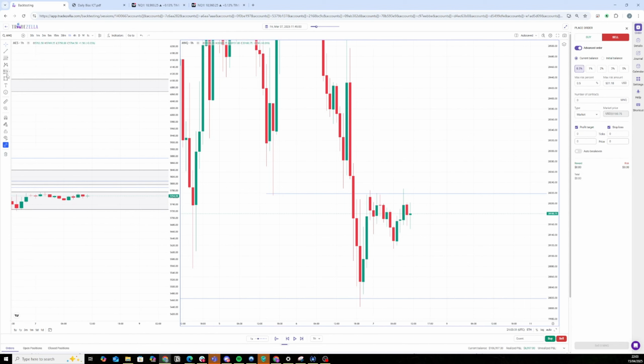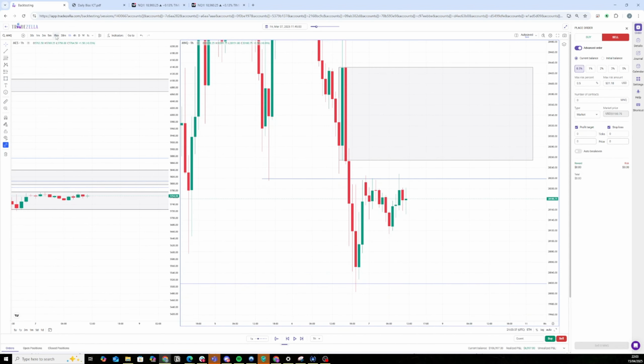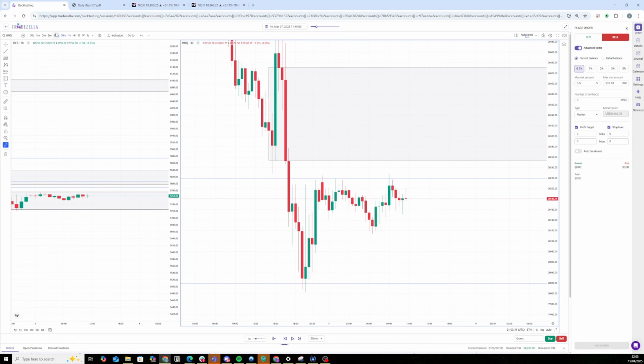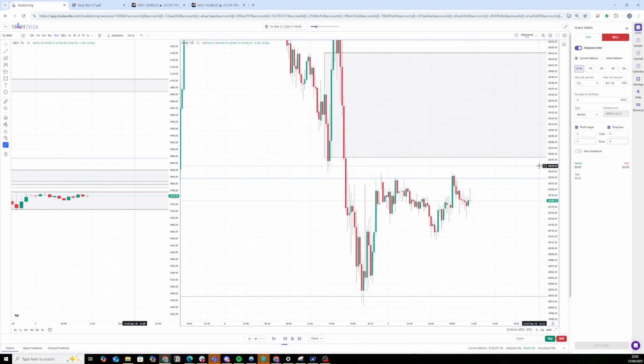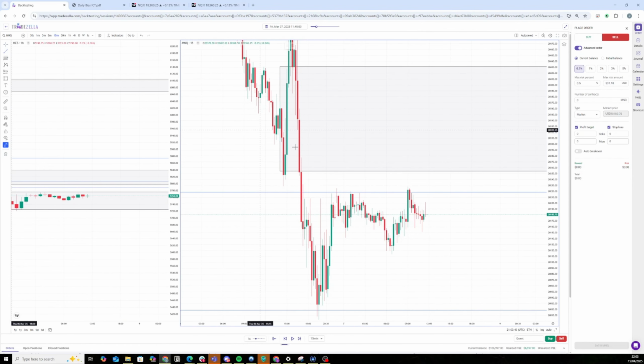Okay, so that's the 4-hour. We've got this big order block here. Looking on the 15-minute, we've got this here. We did take out that high, but then we've also got this high here and this little fair value gap.